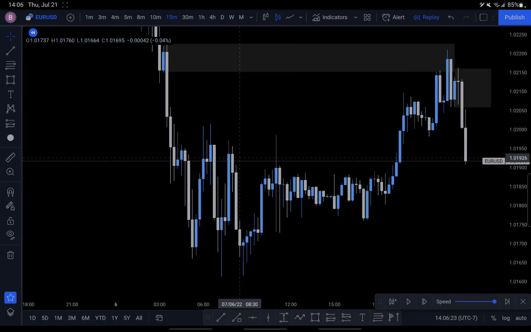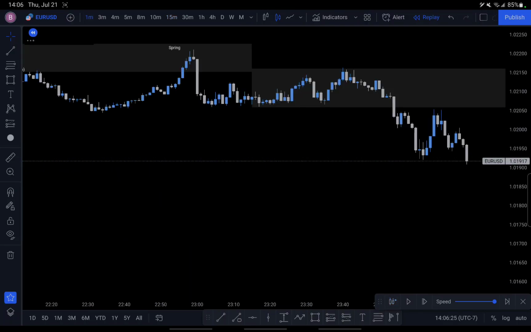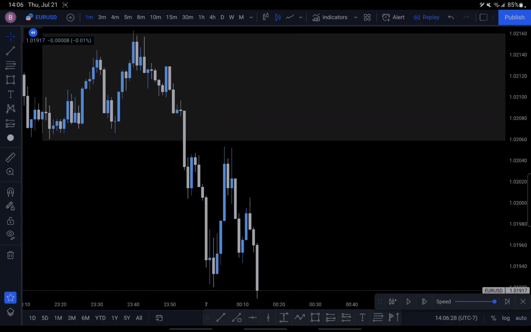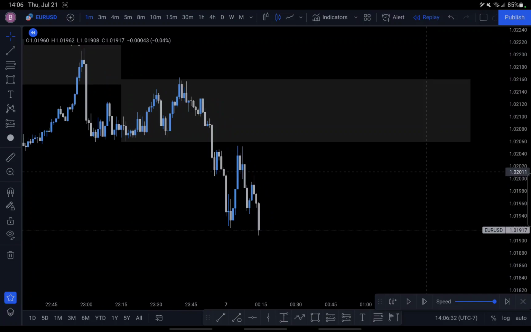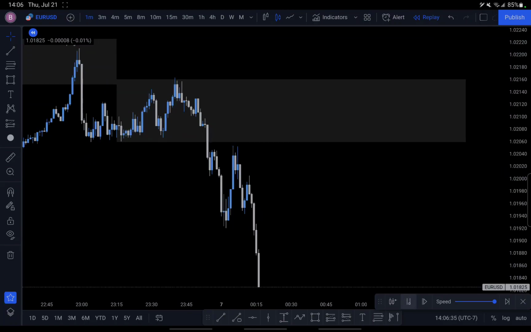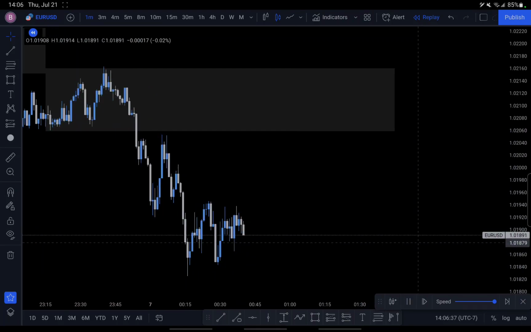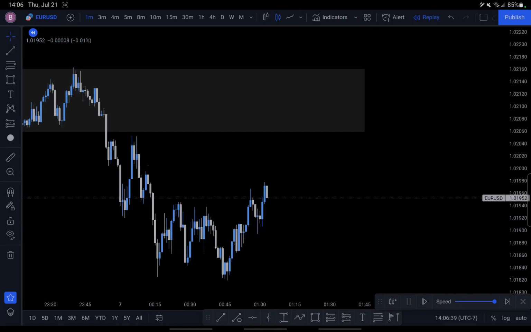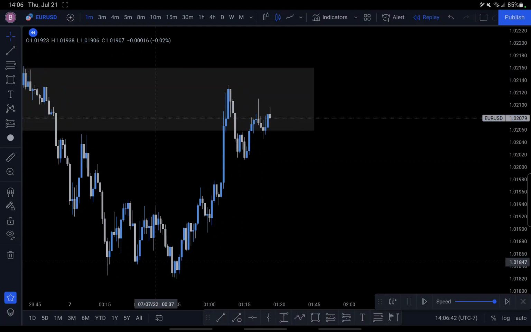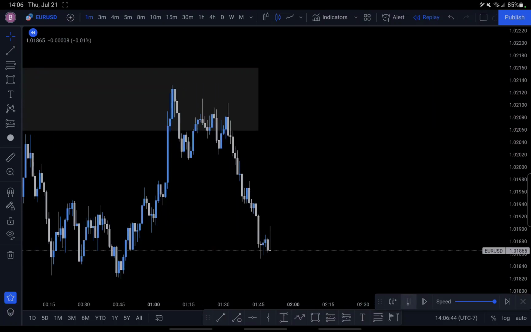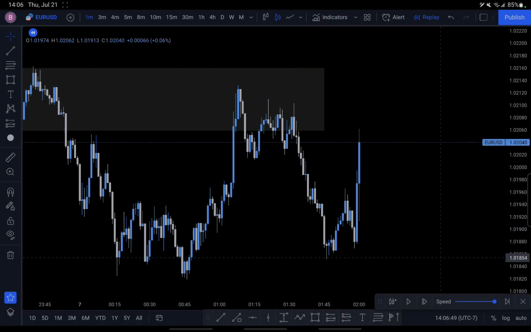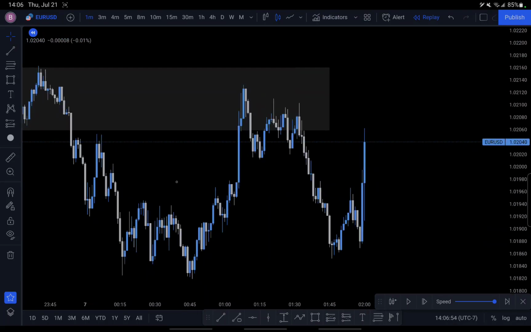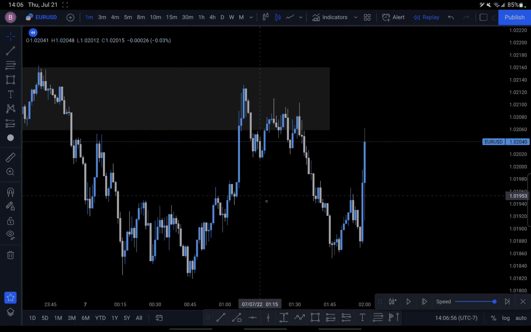Rewind this here. All right, let's watch price play out. So this could be a buyer's climax, automatic rally, okay, or this can just be part of a distribution here.